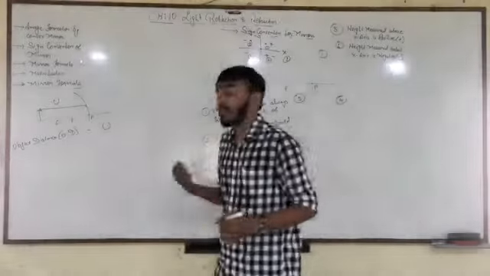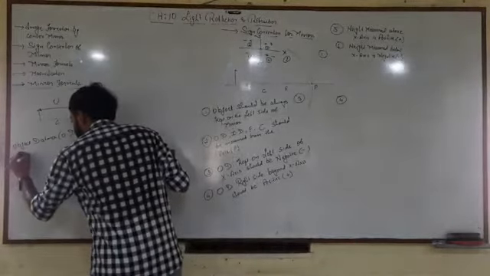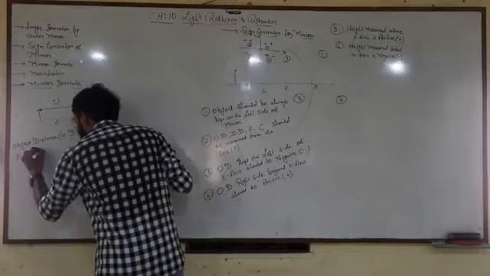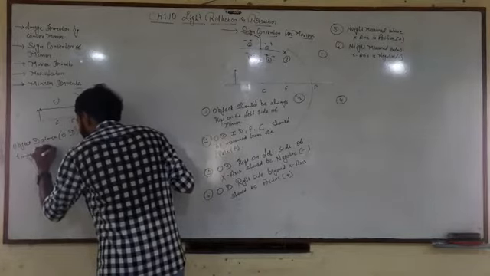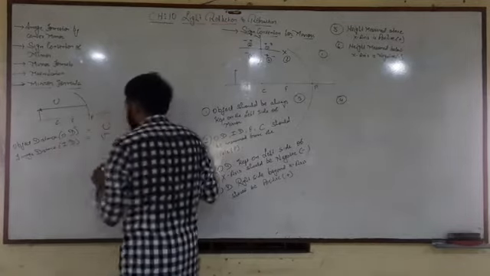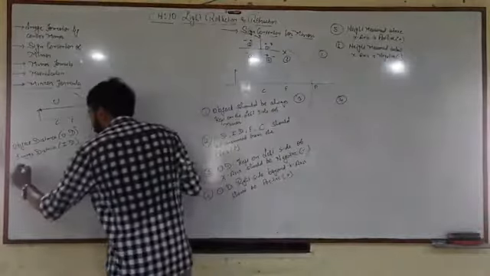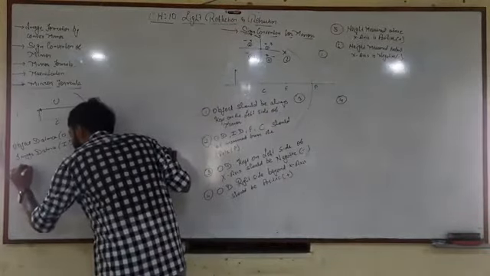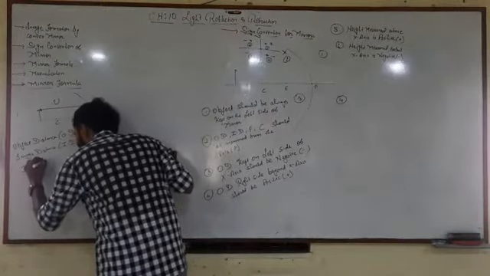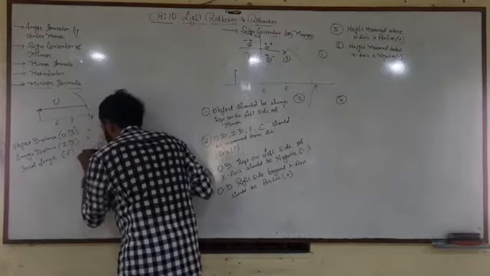If we have an image, then we will name this as image distance ID as v, and focal length as f.